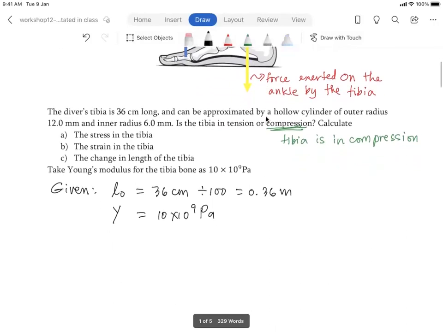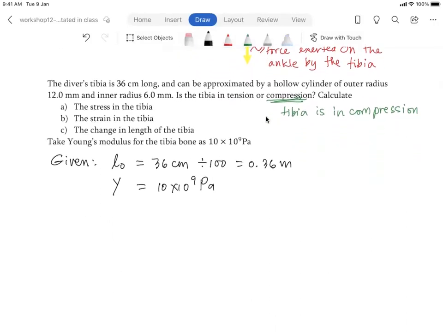And then the inner and outer radii. So the outer radius is equal to 12.0 millimeters. If we convert this to meters, we divide by 1,000. Or we also know that the prefix milli means times 10 to the minus 3.